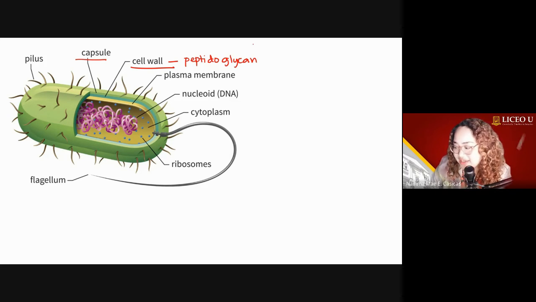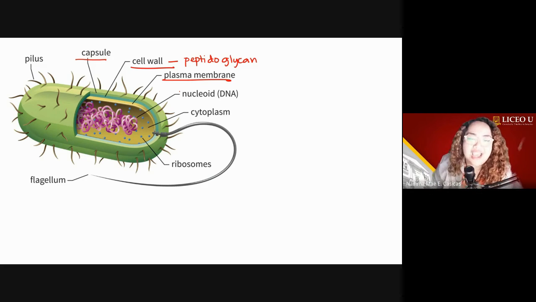It's not the same as the cell wall found in your plant cells, which is not made of peptidoglycan. So the cell wall in bacteria is made of peptidoglycan, and then of course they will have your plasma membrane, which is basically very similar to the cell membrane of yours.